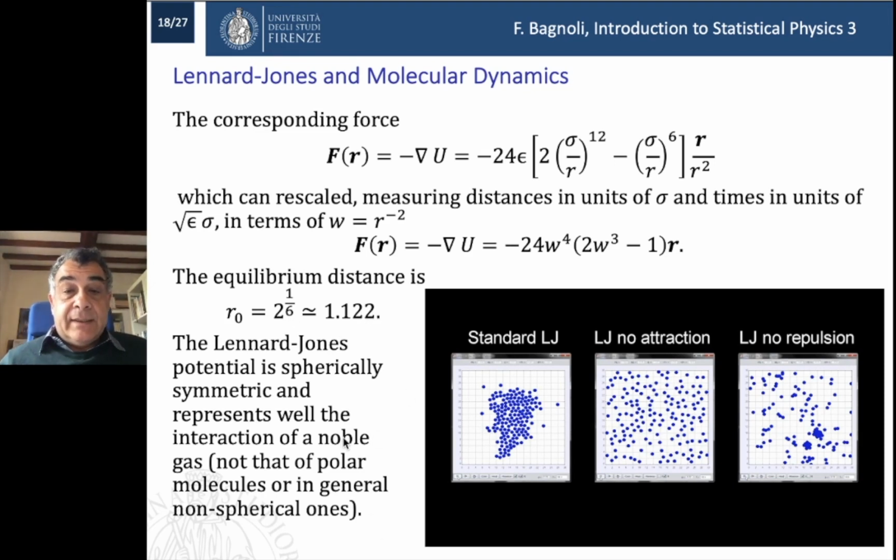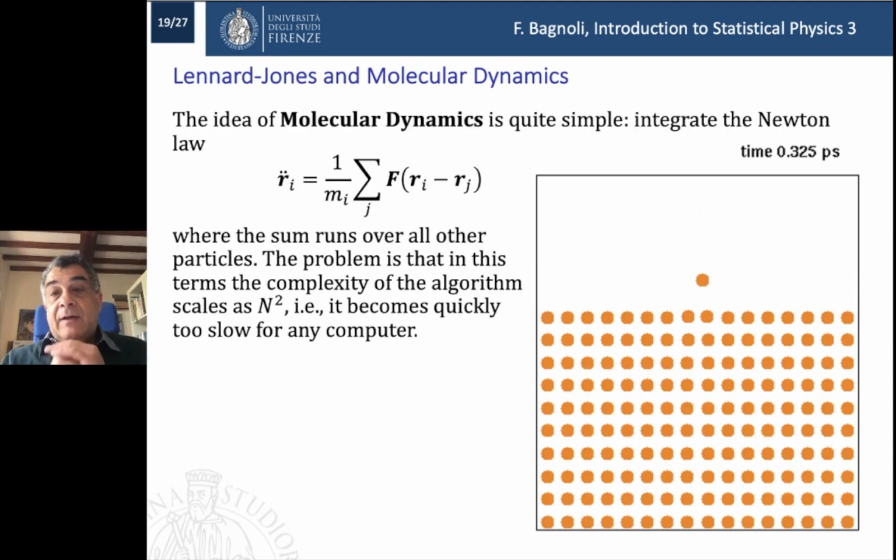And clearly we can simulate, we can only take part of the interaction to see what happens. And the idea of molecular dynamics is that of integrating simply this equation of motion.